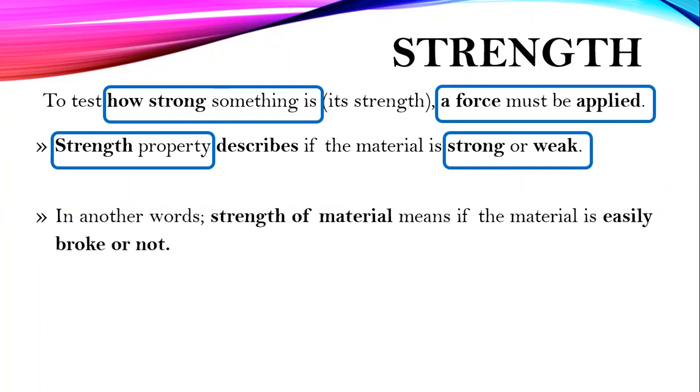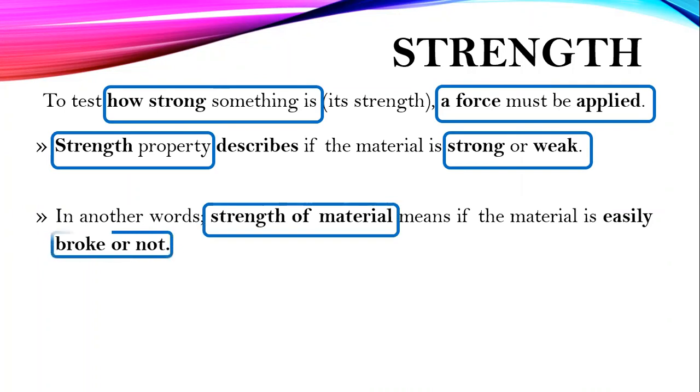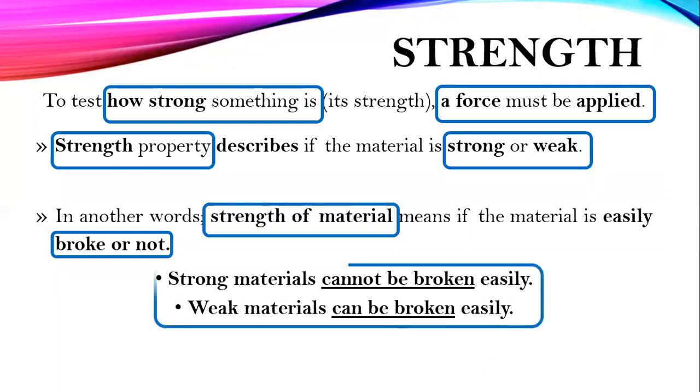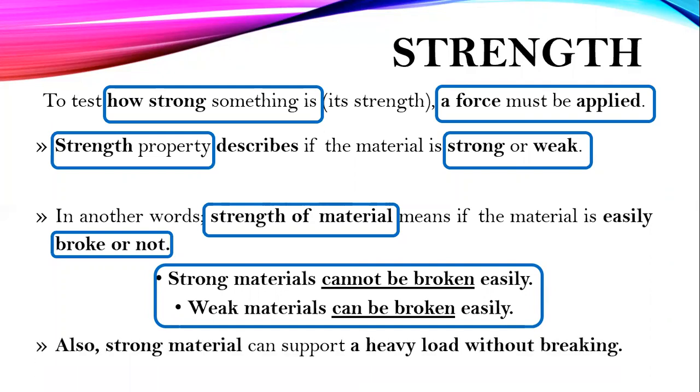In another word, strength means if the material is easily broken or not. And we conclude that strong materials cannot be broken easily, while weak materials can be broken so easily. Also, we said that strong materials can support a heavy load without breaking.